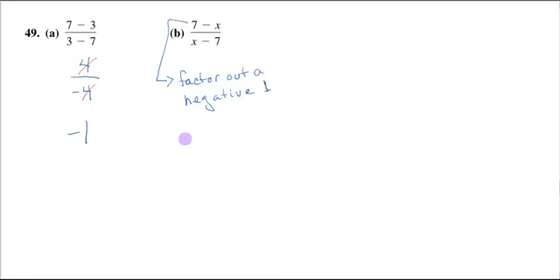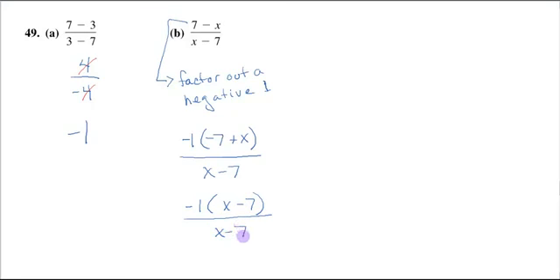If I factor out a negative 1 on the numerator, I get a negative 1 times negative 7 plus x, and the denominator is still x minus 7. Now, can't I rearrange these numbers as long as I keep the sign in front of the number? Of course I can. So this is negative 1 times x minus 7. That's all over x minus 7.